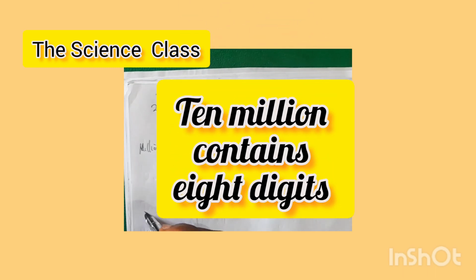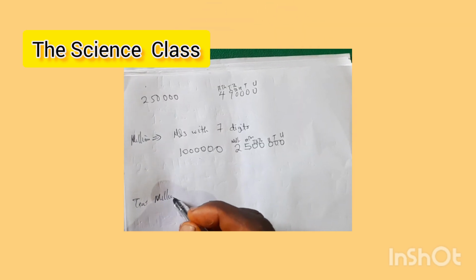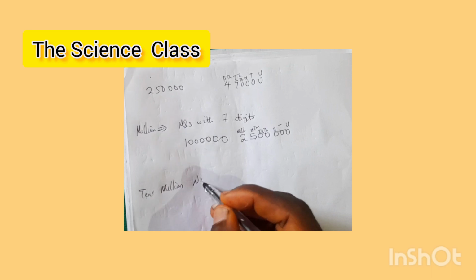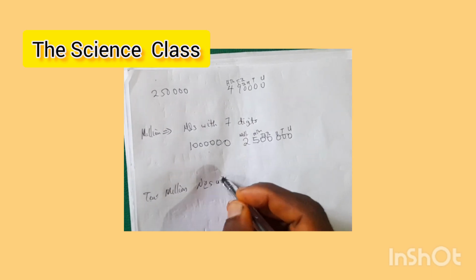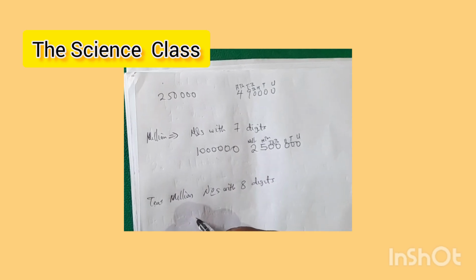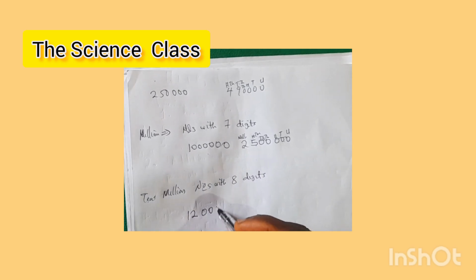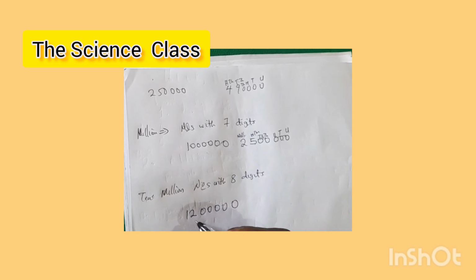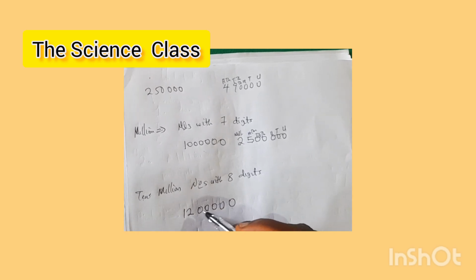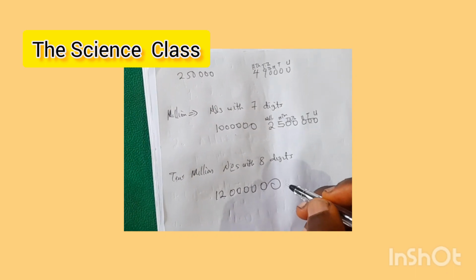Next one is 10 million. These are numbers with 8 digits, e.g., 12 million: 1, 2, 3, 4, 5, 6, 7, 8. 12 million, for example, is in the tens of millions.